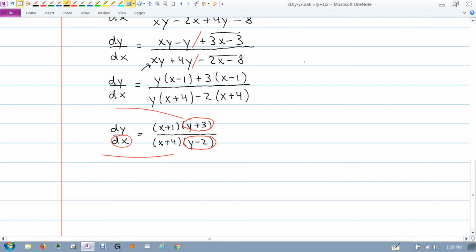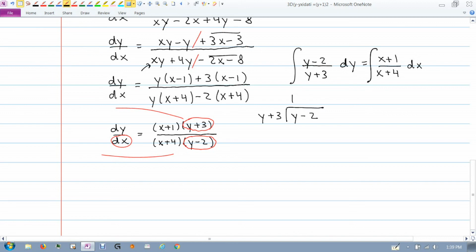So my left side is going to be (y minus 2) over (y plus 3) dy, and my right side is going to be (x plus 1) over (x plus 4) dx. All right, now I get to integrate. And I'm looking at some long division here. Y minus 2 divided by y plus 3.